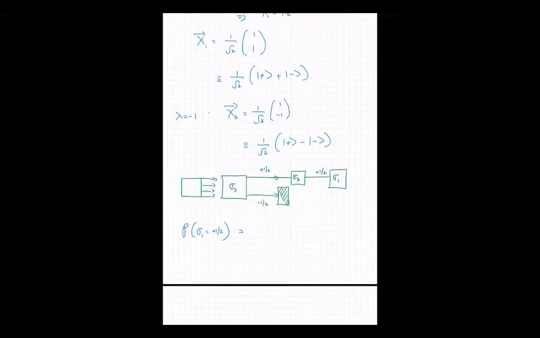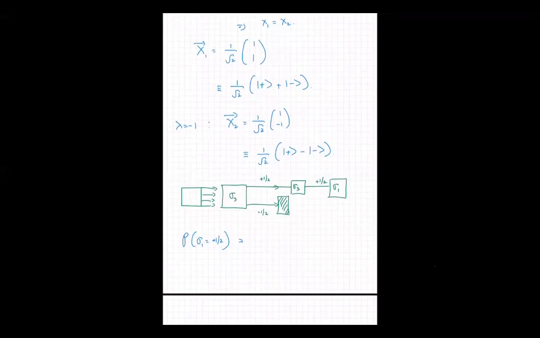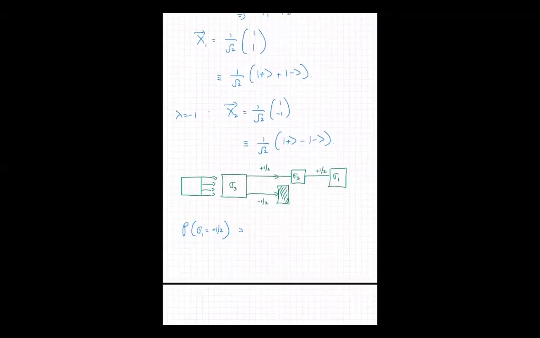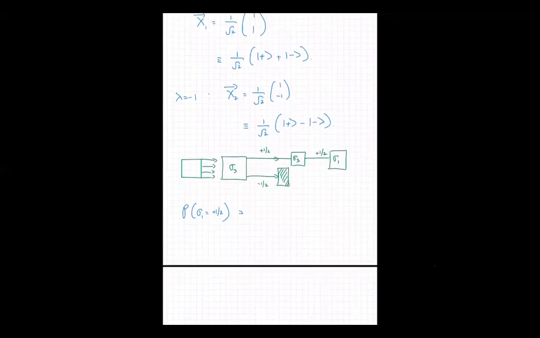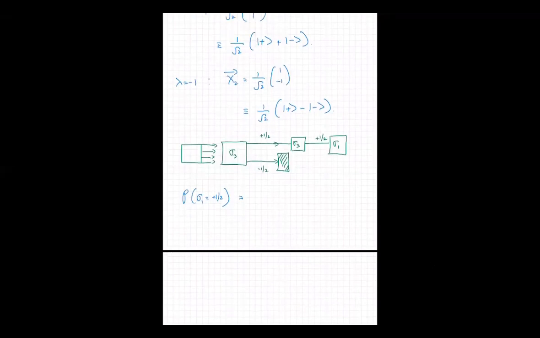Okay, so for the probability of measuring sigma 1 equals plus 1/2, I should first find the overlap of the sigma 1 equals plus 1/2 state with the eigenvector of sigma 3, which is plus 1/2 in this case, right? This is the overlap of the final with the initial, and I should just square this.